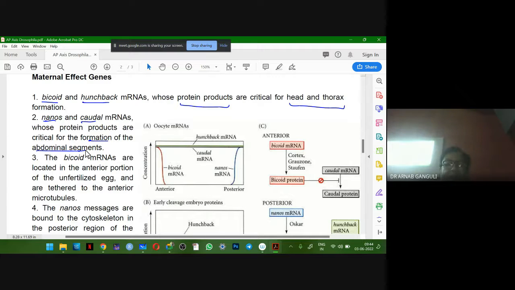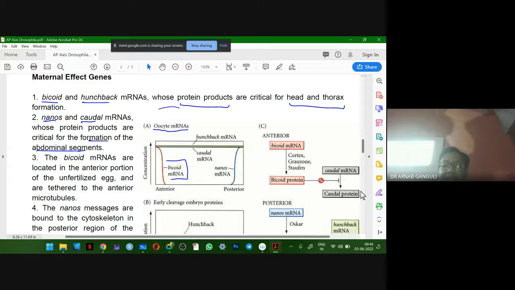Okay. Now, if you look in the oocyte, the egg, you will see that in the anterior region the concentration of bicoid mRNA is much higher.